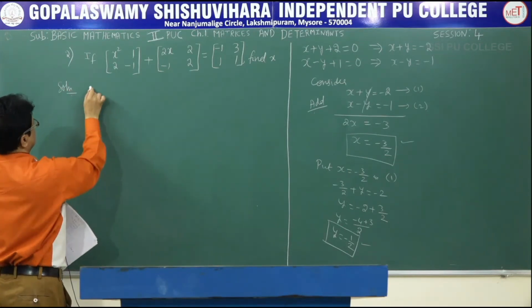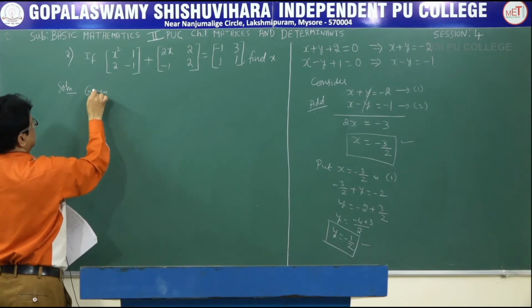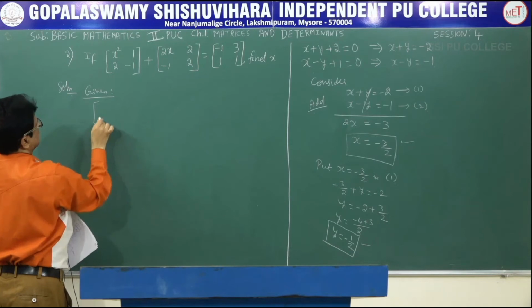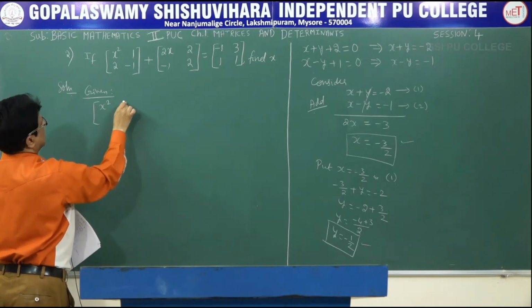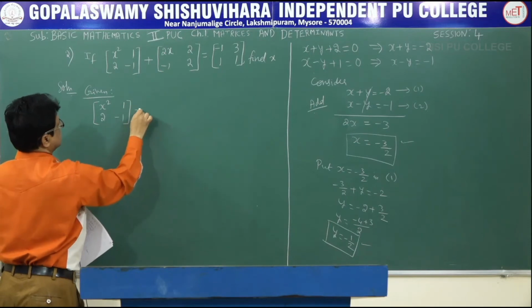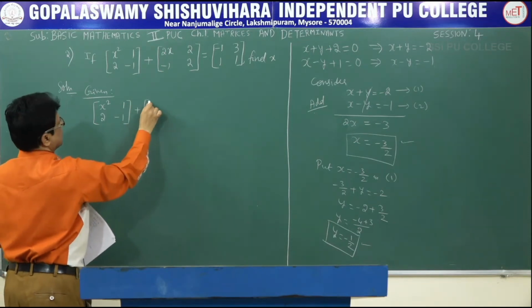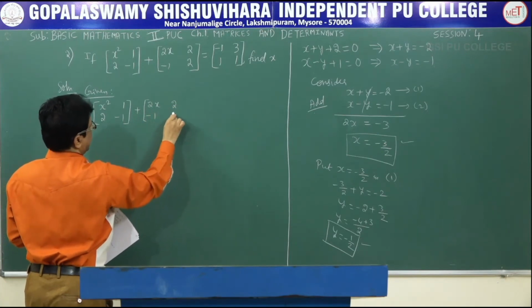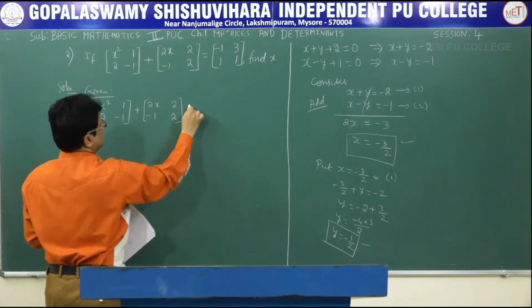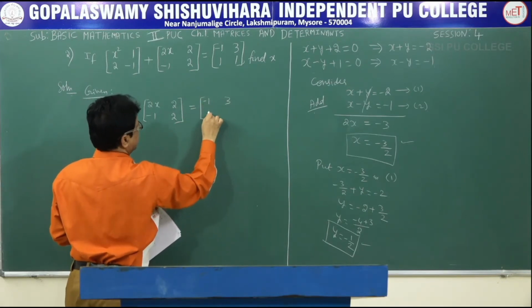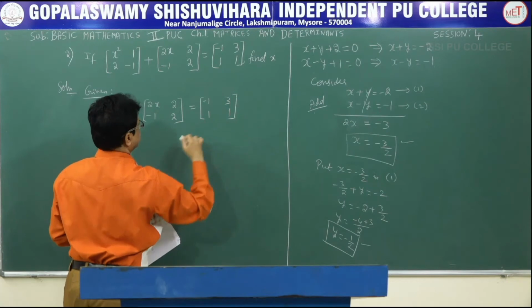So solution. What is the given problem? That is [x square, 1; 2, minus 1] plus [2x, 2; minus 1, 2] equal to [minus 1, 3; 1, 1].